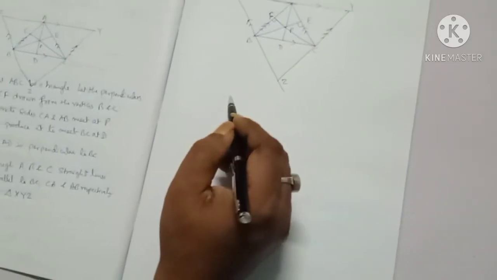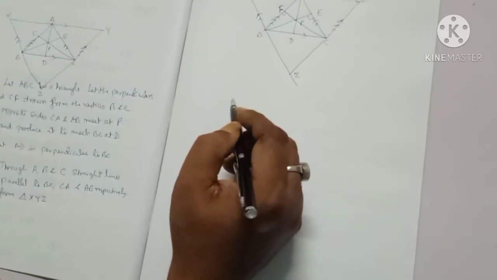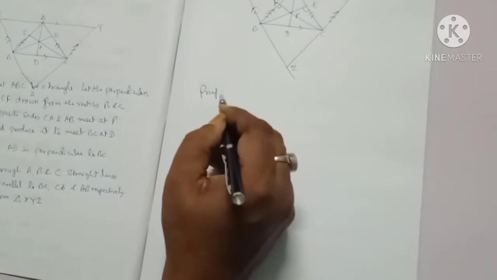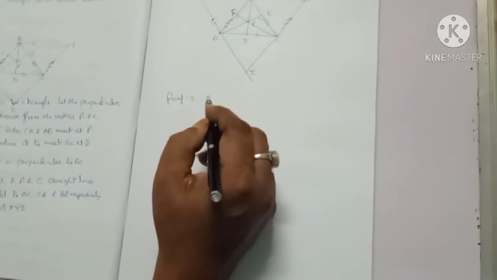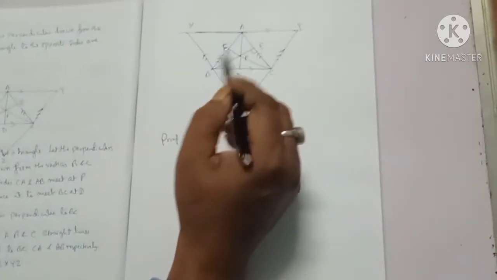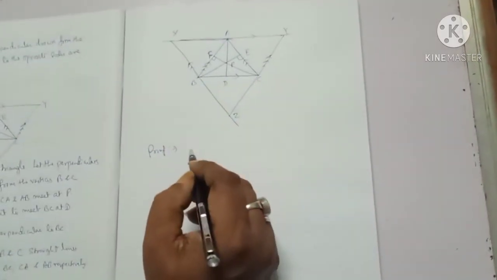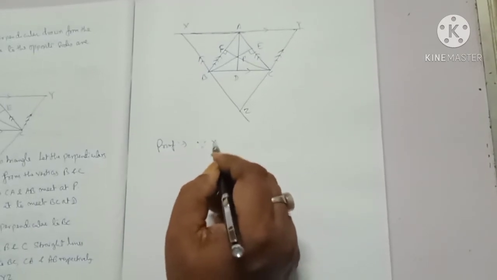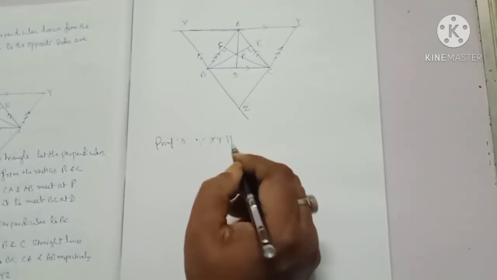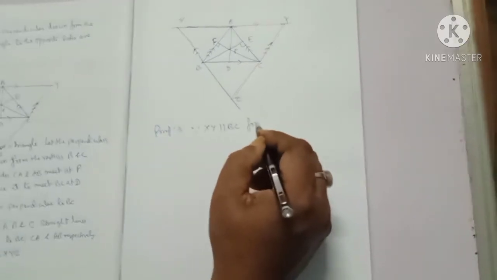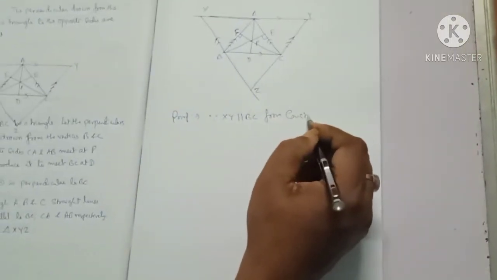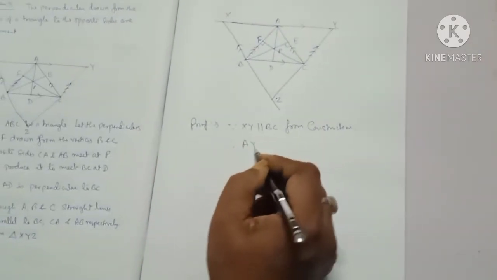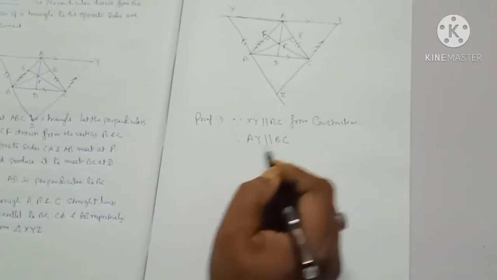Now here you see the proof. Since XY is parallel to BC from construction, therefore AY is parallel to BC.